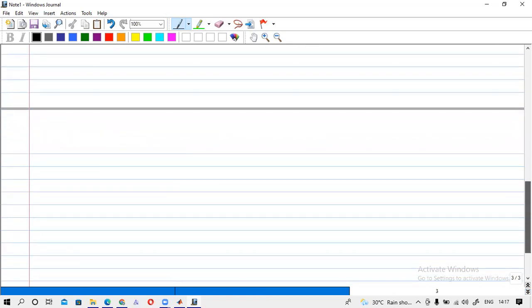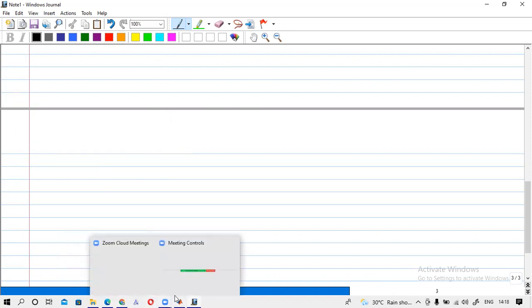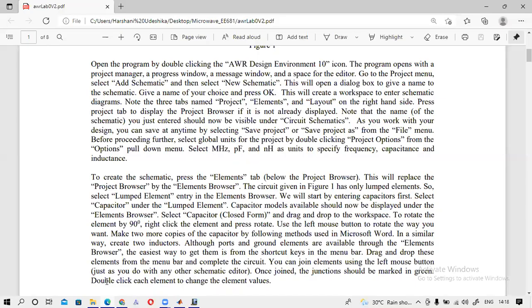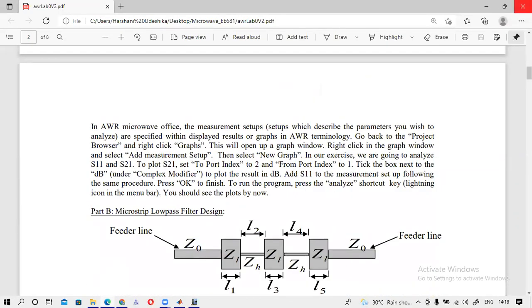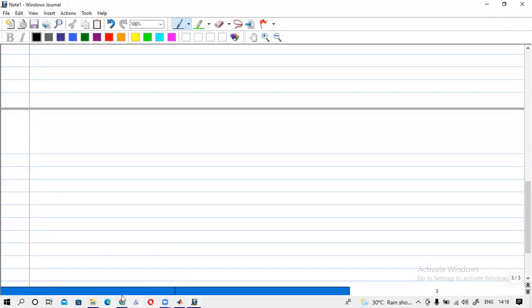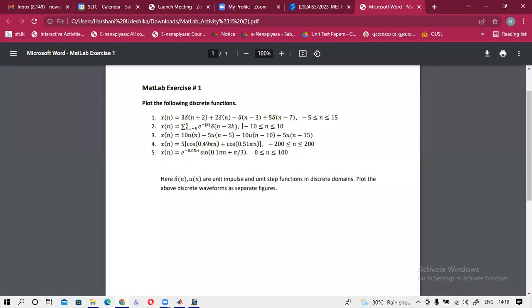So the next one, let's take the unit step function. I hope in your assignment there are unit step related things, no? So I have opened the lab. Here it is. You can see unit step function related questions are there.